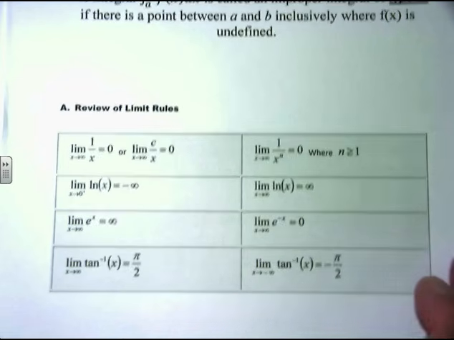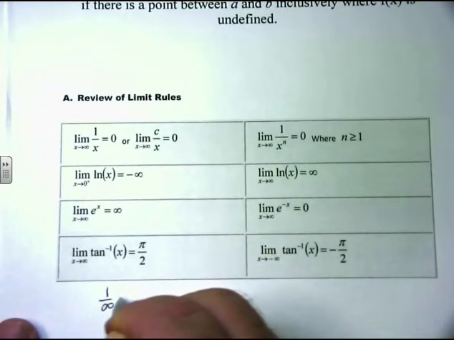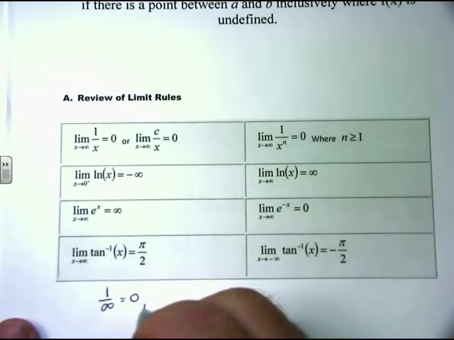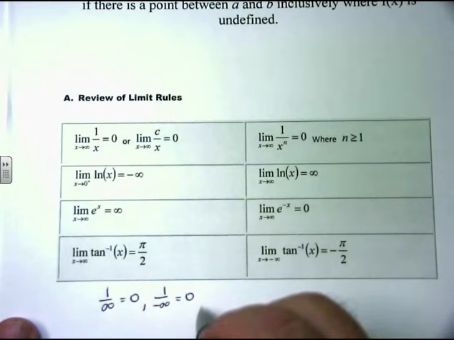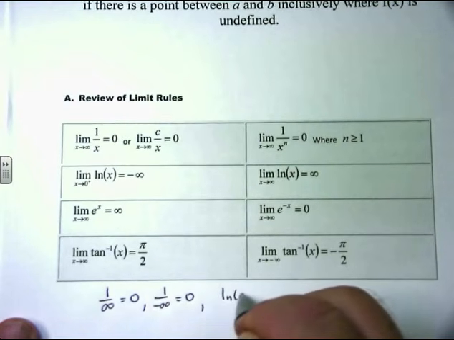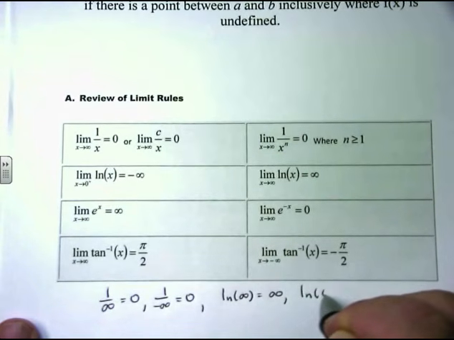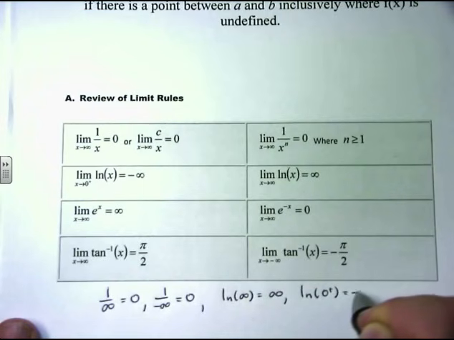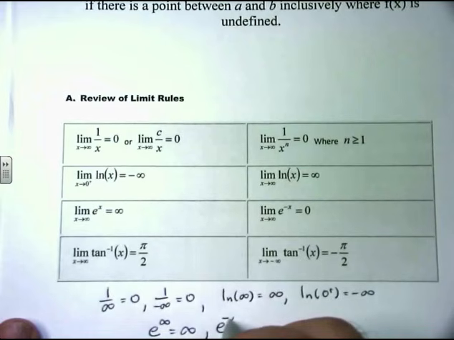So in layman's terms, remember this. 1 over infinity is equal to 0. 1 over negative infinity is still equal to 0. Natural log of infinity is infinity. However, the natural log of 0 on the plus side will be negative infinity. e to the infinity is infinity. e to the negative infinity is equal to 0.